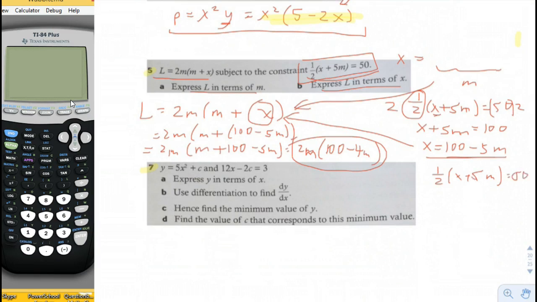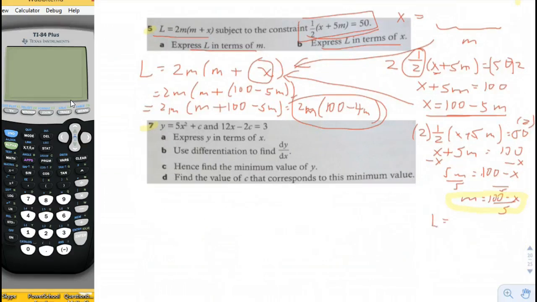So we need to first multiply both sides by 2, and we get 100 here, and we get x plus 5m, and we want to get m by itself, so let's subtract x from both sides, and we'll have 5m equals 100 minus x. And then we're going to divide both sides by 5. And we're going to have m equals 100 minus x divided by 5. Okay, and that is what we need to put in the original L equation.